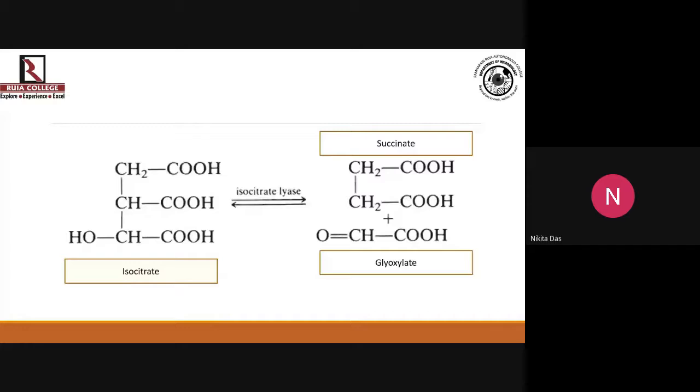Okay, and then what happens after malate is synthesized? Yes, Nikita. So after that, it proceeds and it combines with coenzyme A, I guess.